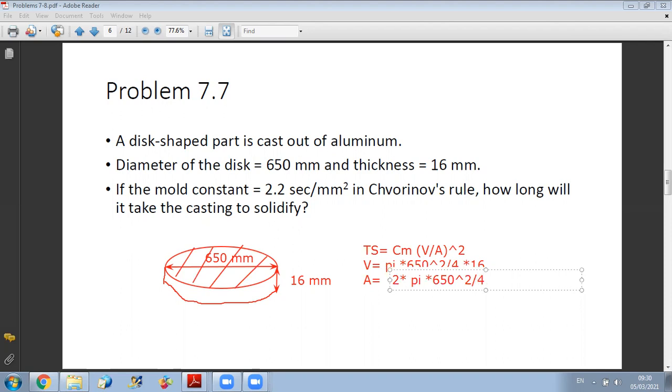Plus, we should also take into account the peripheral area in between the two circular bases. How can we calculate it? What should we do?